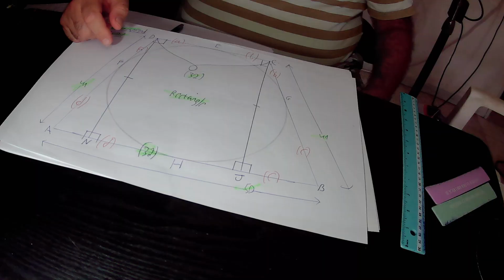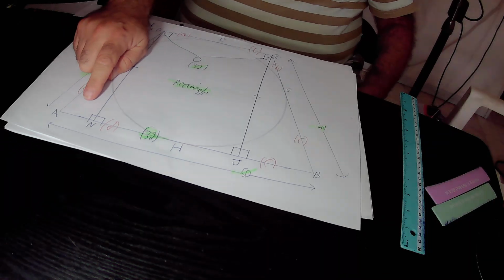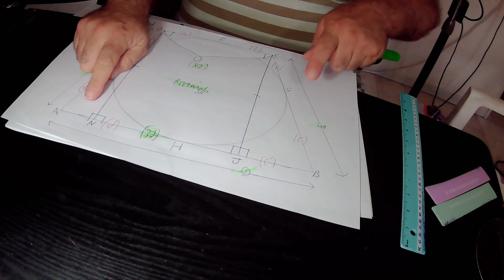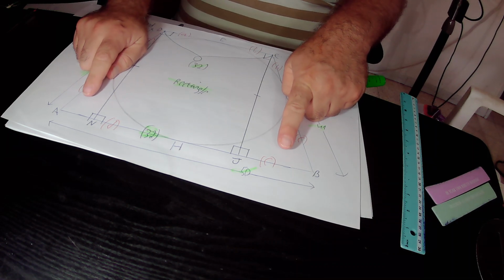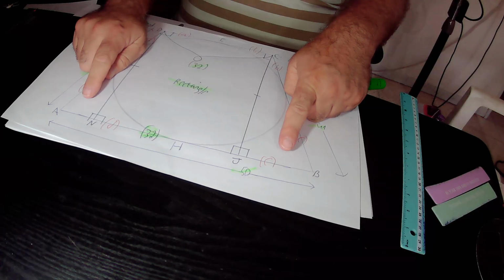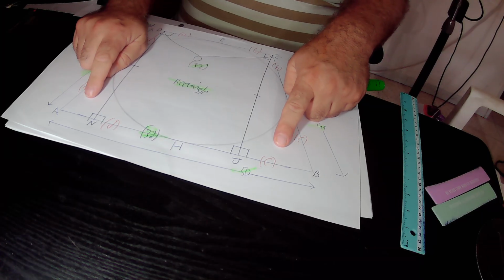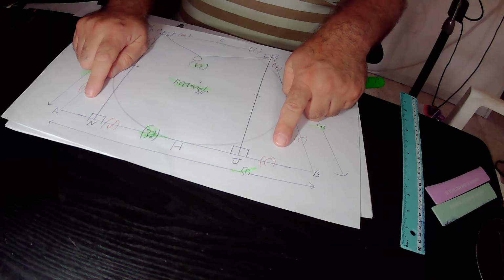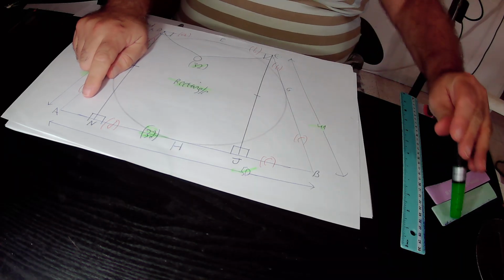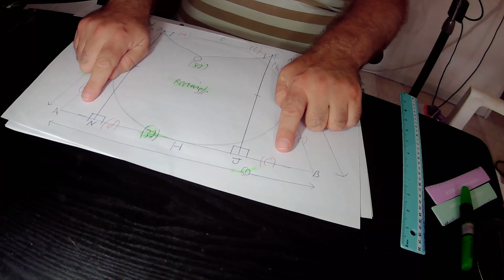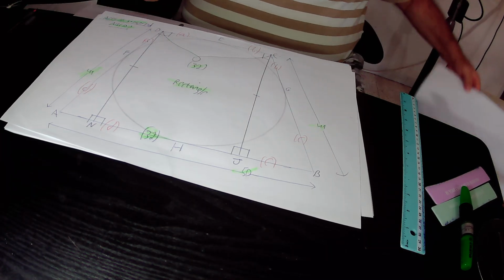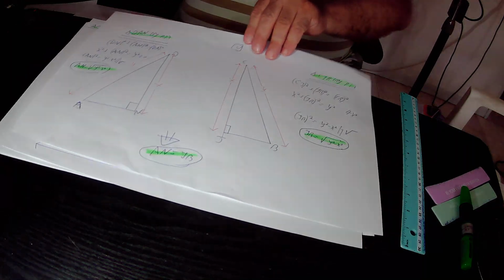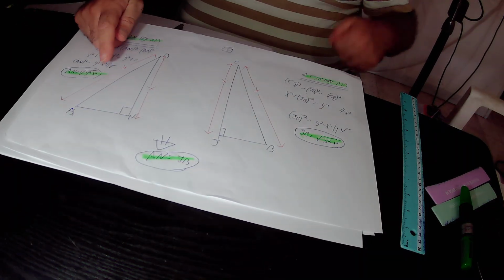And I will prove that side AN also equals side JB. So I copy those 2 right triangles onto a new page, and I'll prove that those 2 sides, that is to say AN, is equal to side JB. Those are the 2 right triangles from the original drawing.